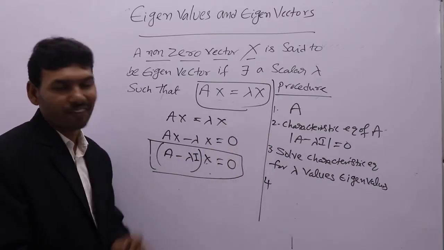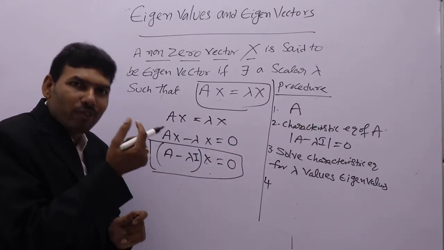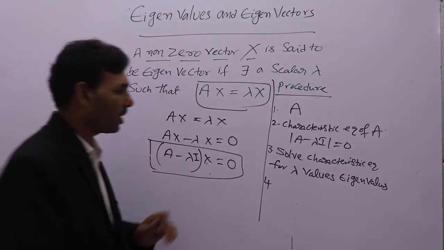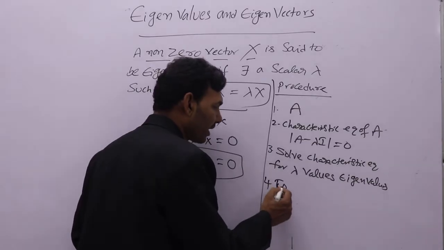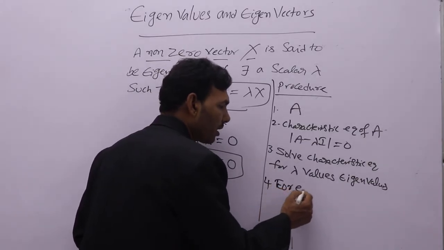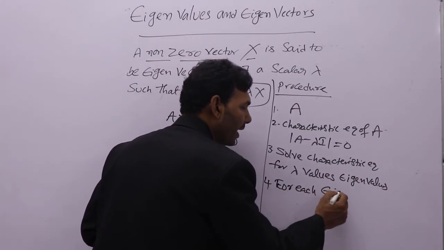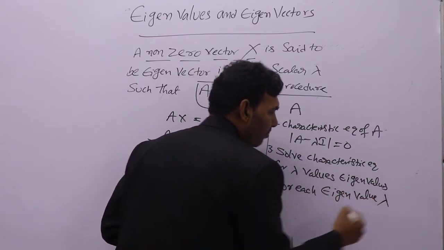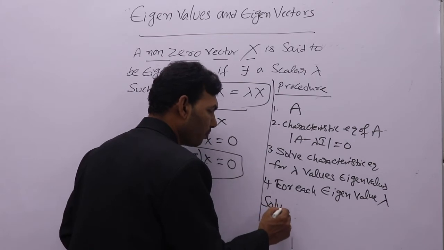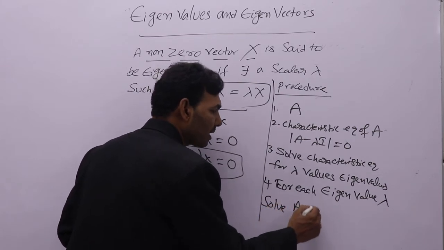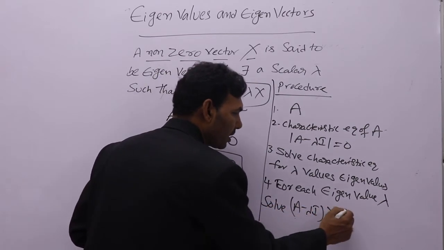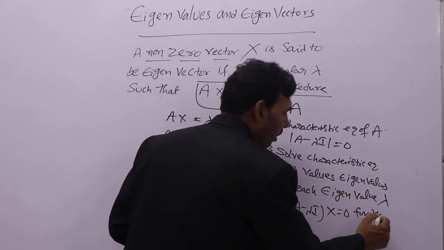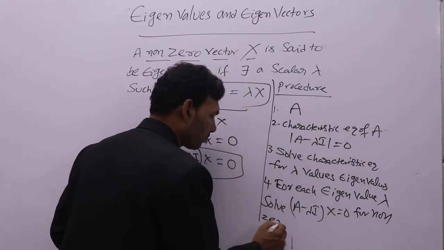After finding eigenvalues, find the eigenvectors for each eigenvalue. If you get 3 eigenvalues, then taking one eigenvalue at a time, you need to solve this homogeneous system. That means for each eigenvalue lambda, solve (A minus lambda I) x equal to O for a non-zero solution.